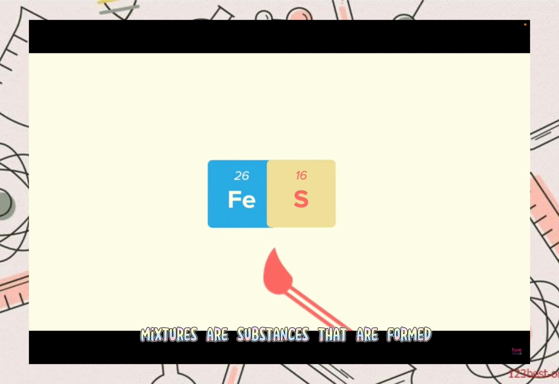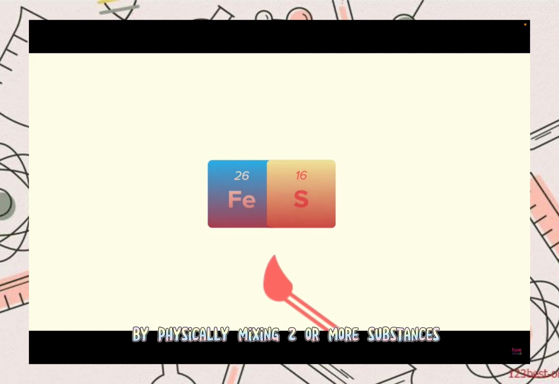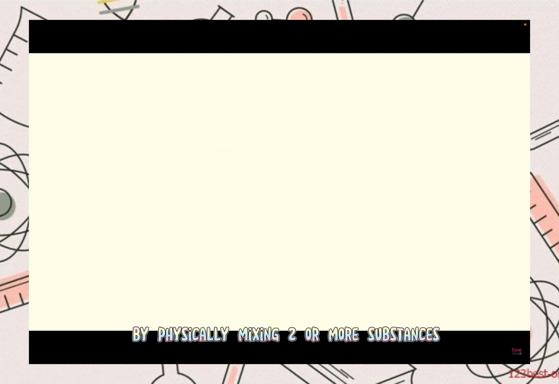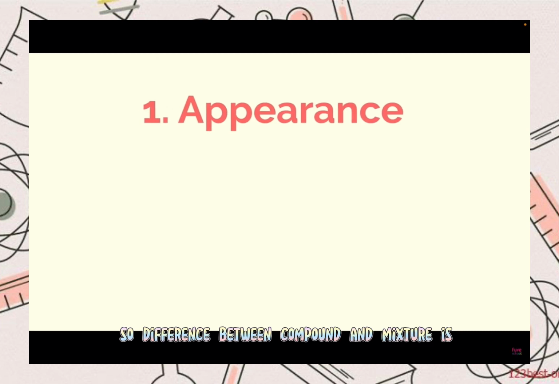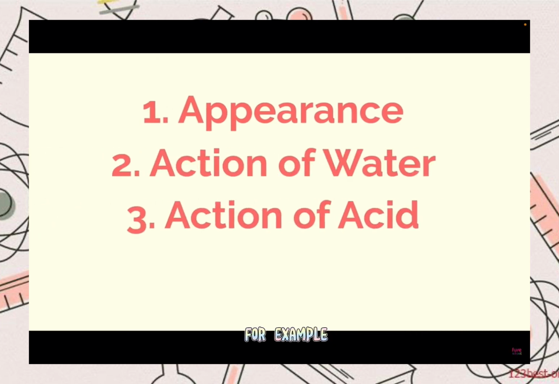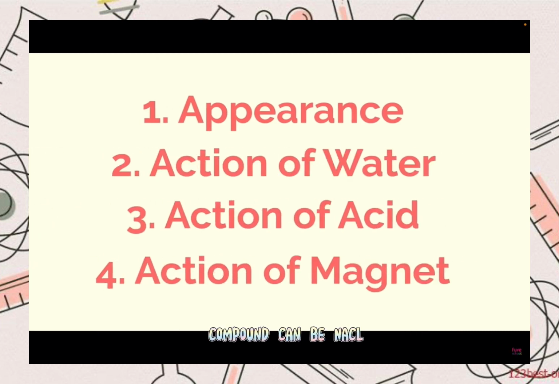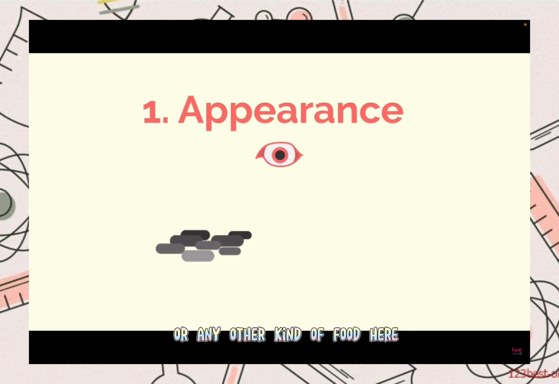Mixtures are substances that are formed by physically mixing two or more substances. Compounds can be of three types: covalent compounds, metallic compounds, and ionic compounds. But it's actually unnecessary to learn about that, so I will just skip it. So the difference between a compound and a mixture is, for example, a compound can be NaCl, which is salt, and a mixture can be jelly beans or any other kind of food.